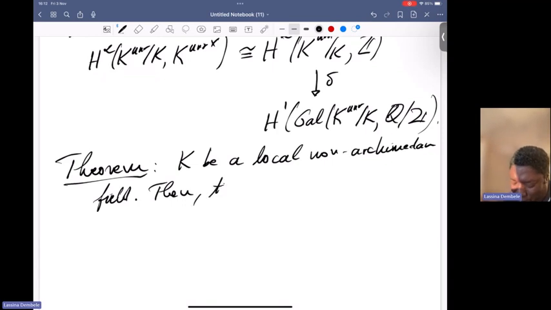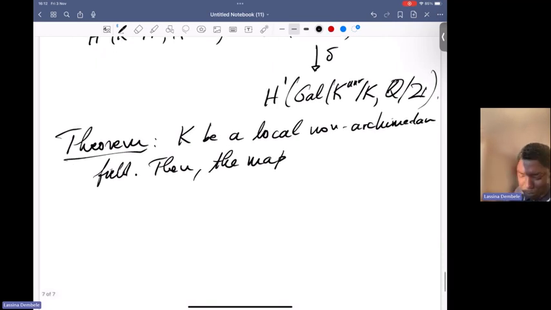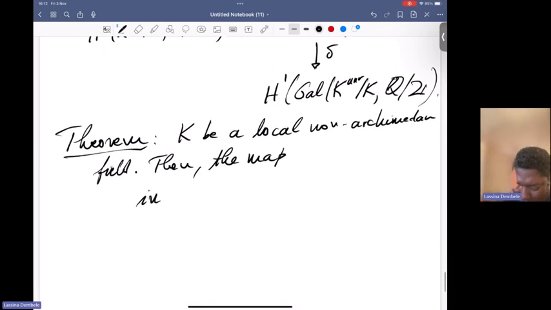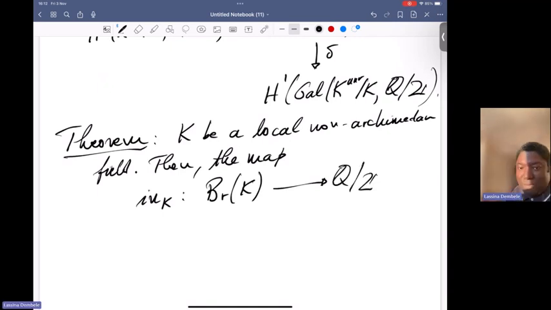The map, which we call inv K, going from the Brouwer group of K into this divisible group is a group isomorphism.